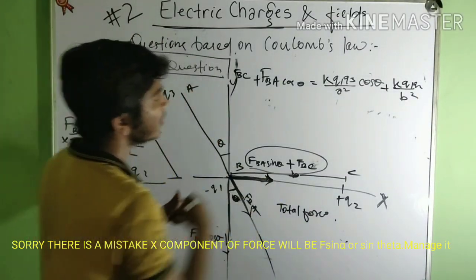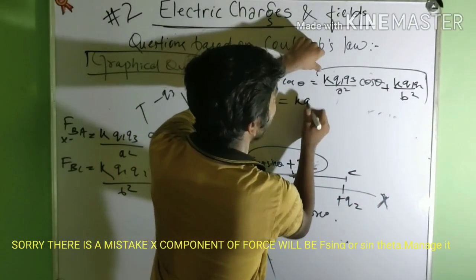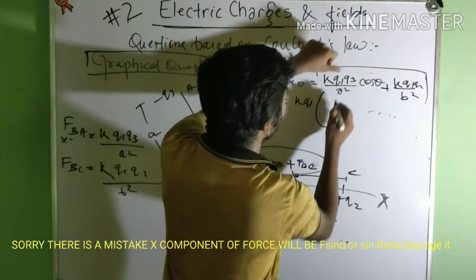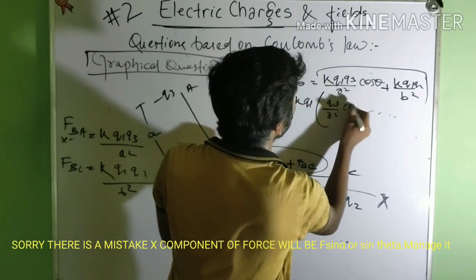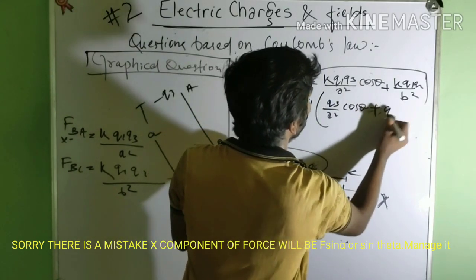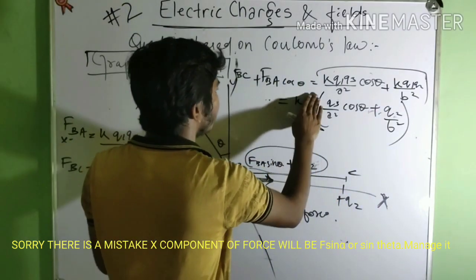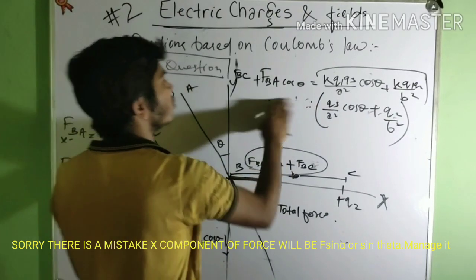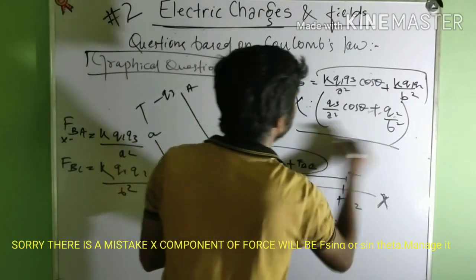So we will simply add these two. We can take common K Q1. What will the remainder be? Q3 by A square cos theta plus Q2 by B square. So if we take out the constants, we can simply say that it is directly proportional to this. This is the answer.